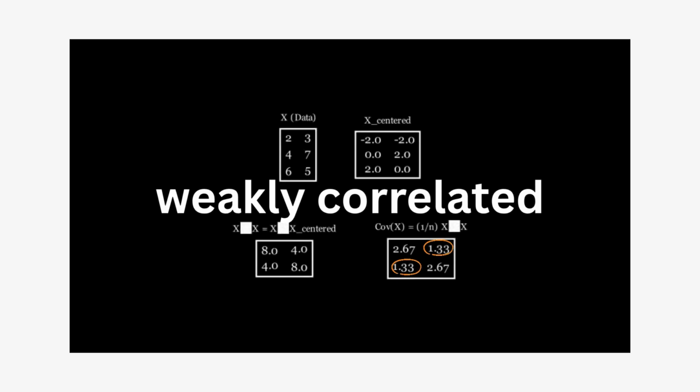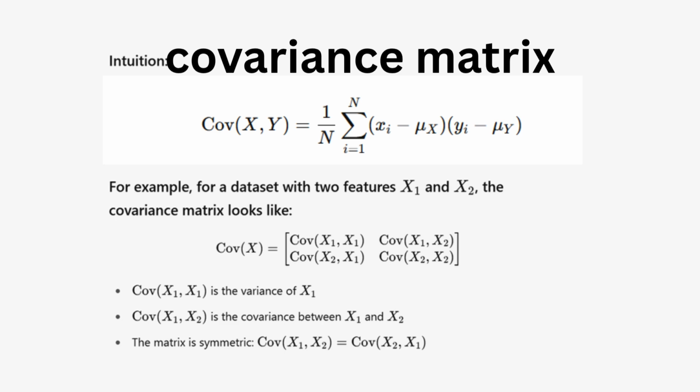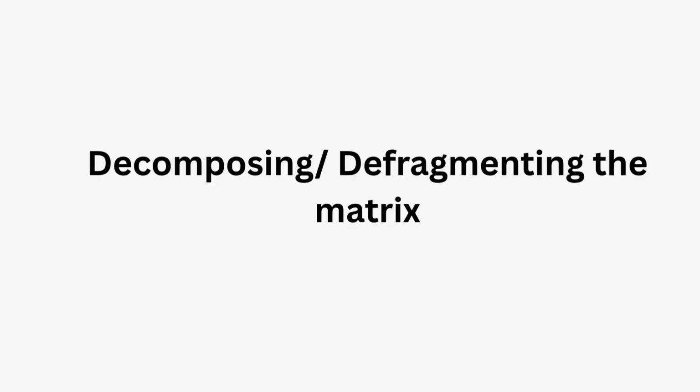They do not have a dependency on each other. So the covariance matrix, you can see the formula on the screen, is A transpose into A divided by n minus 1. Now, earlier you could have come across something called decomposing the matrix, right?